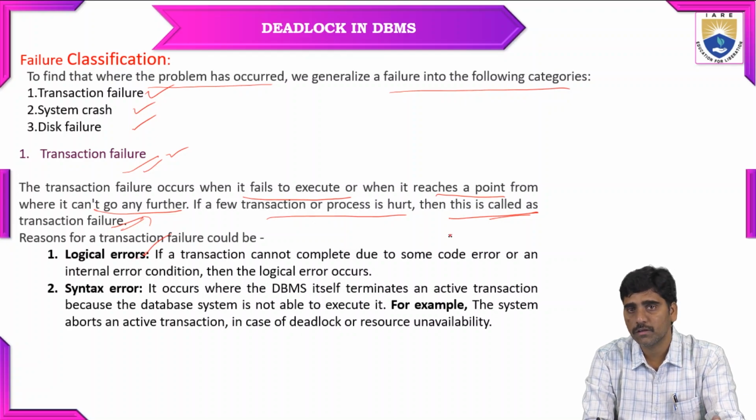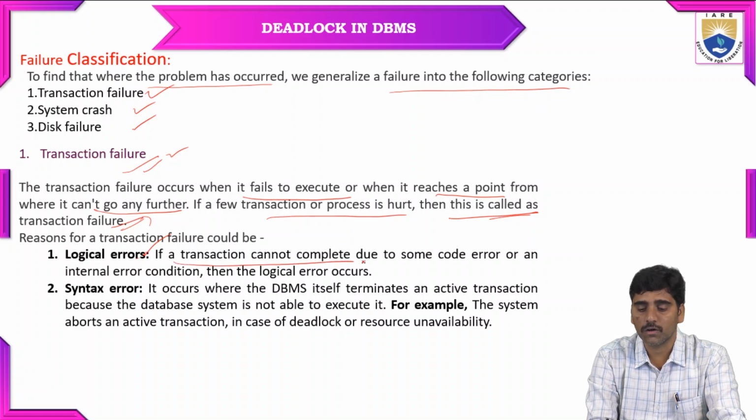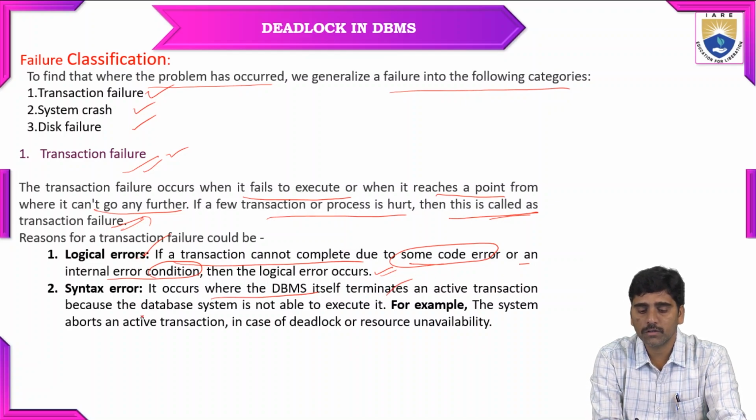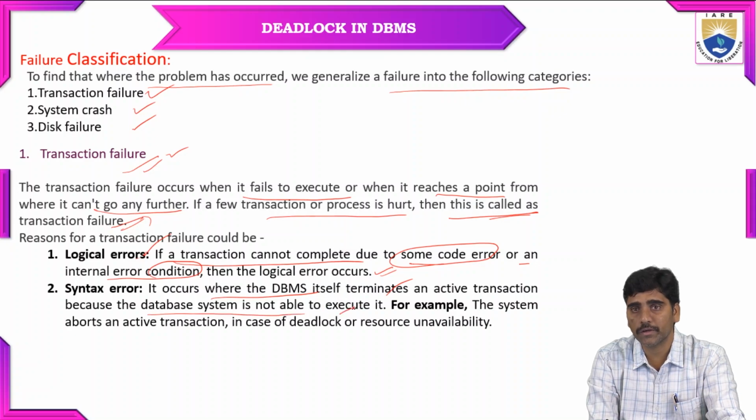The reasons for transaction failures could be logical errors, for one. If your transaction cannot complete due to some code error or any internal error condition, then a logical error occurs. And syntax errors: this occurs where the DBMS itself terminates an active transaction because the database system is not able to execute it.